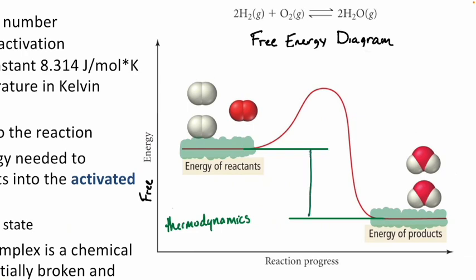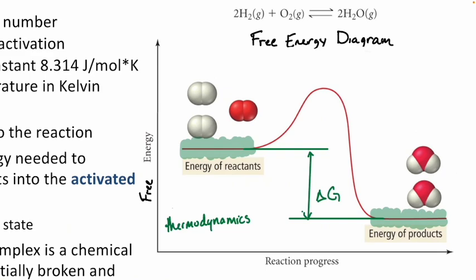This gap here represents the delta G of that reaction. All right, so we can get information about whether or not a reaction is spontaneous or non-spontaneous from these graphs. And again, that's just by looking at those endpoints.